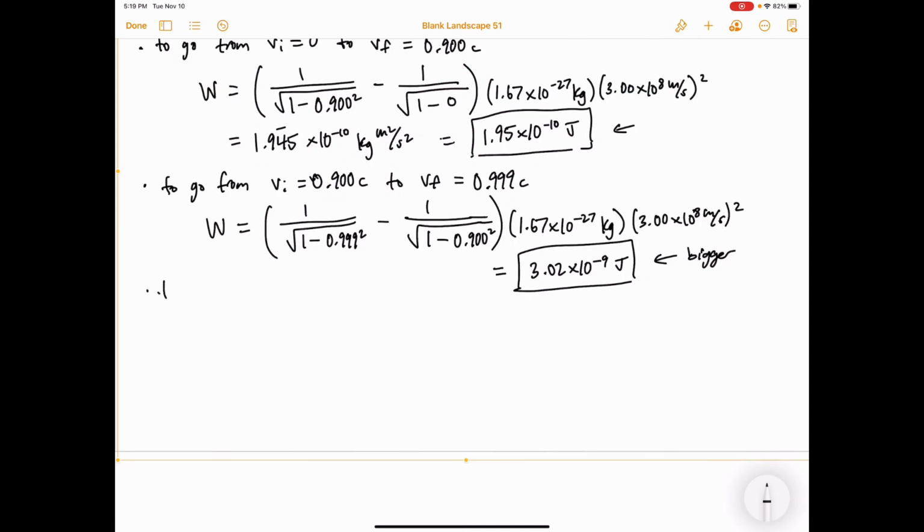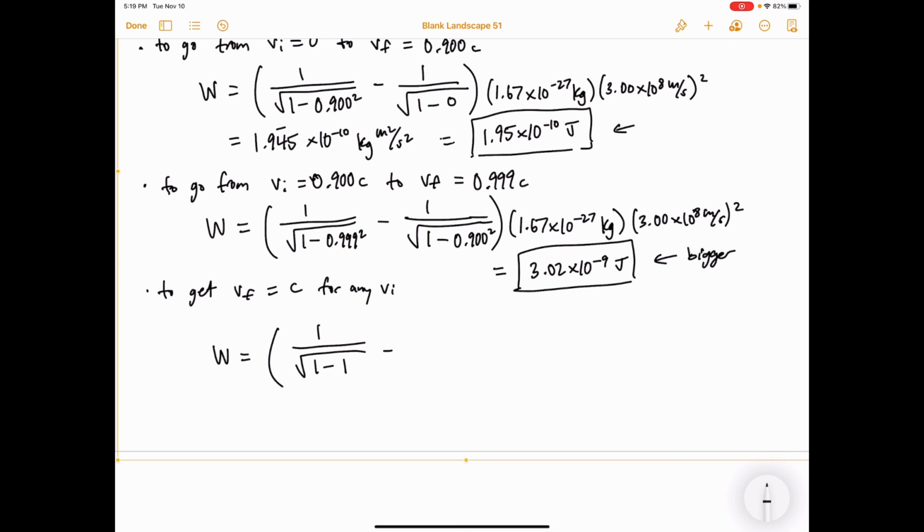Now, if we want to get to a final speed which is exactly equal to c, actually it doesn't matter what the starting speed is, for any V initial, here's what the work will be. You're going to have 1 over the square root of 1 minus V final squared over c squared, but if V final is exactly equal to c, then we're subtracting 1 right here.